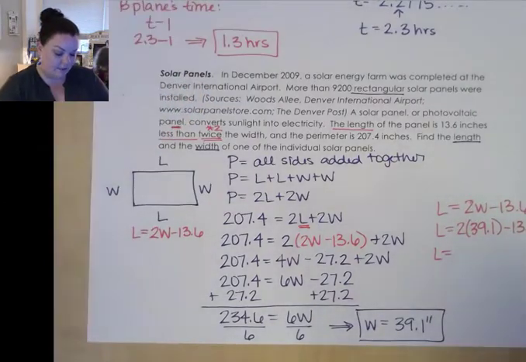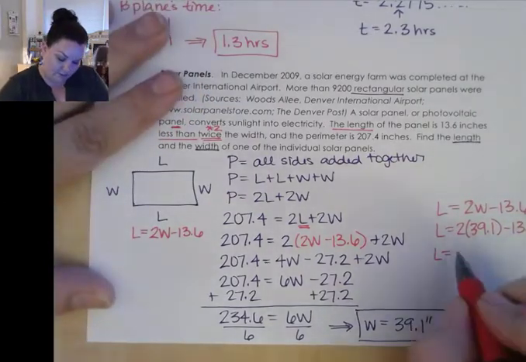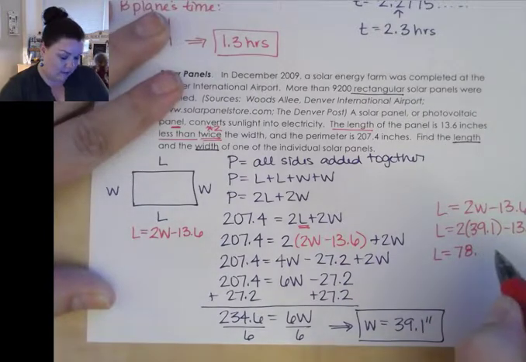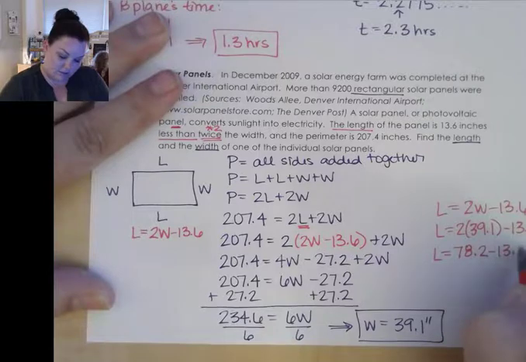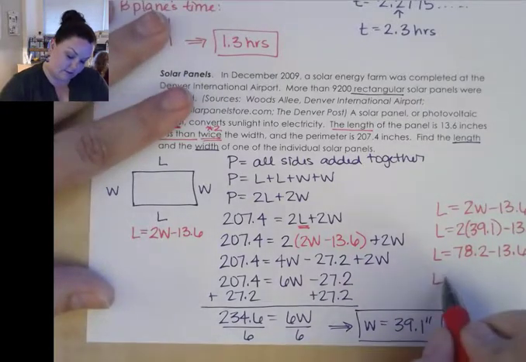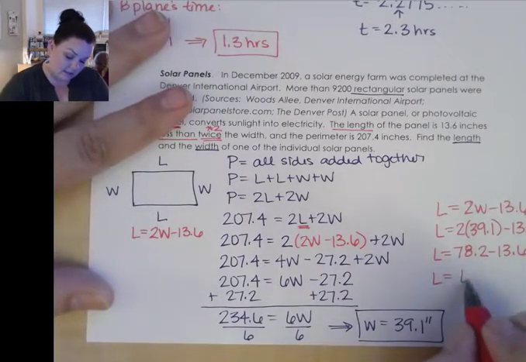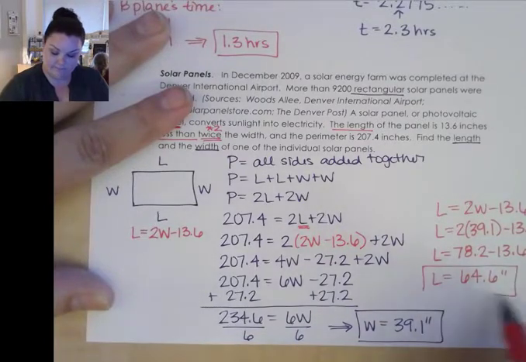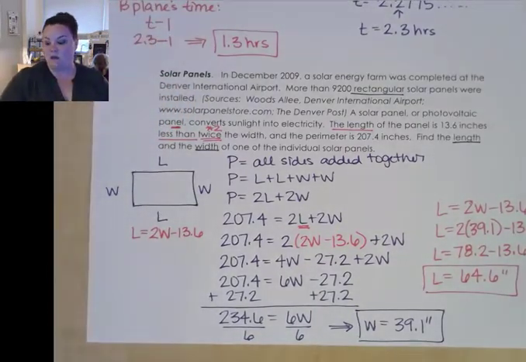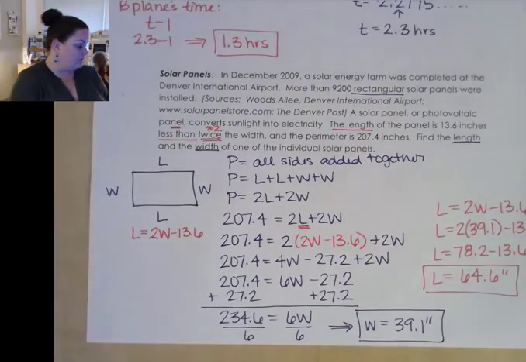So 2 times 39.1 gives me 78.2 minus 13.6. So that means that my length is 64.6 inches.